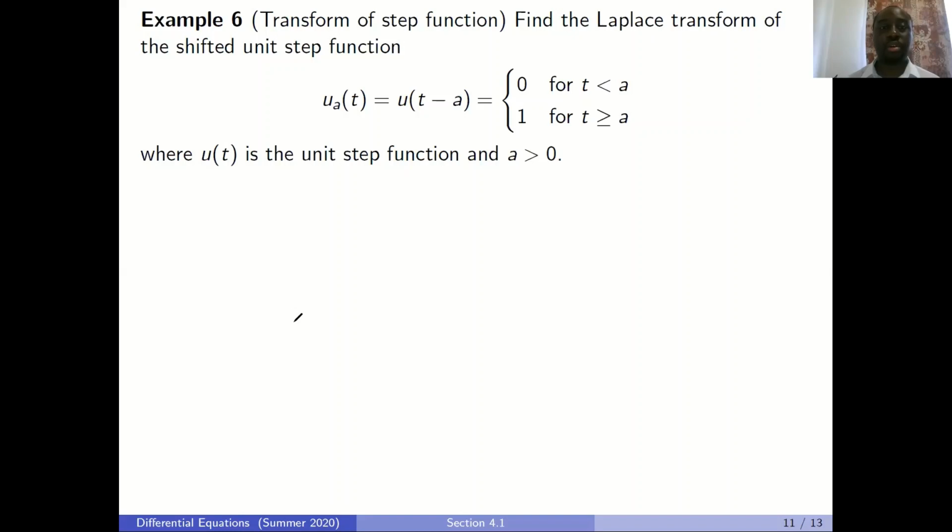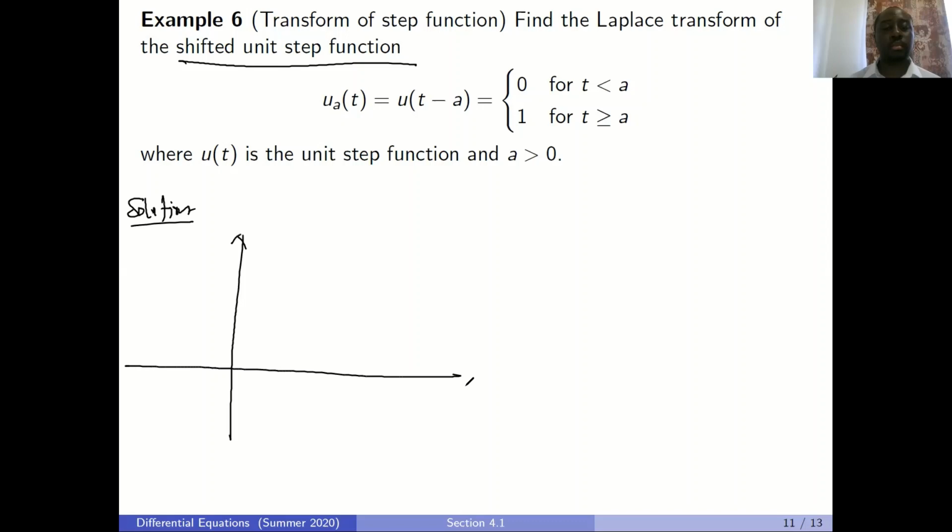This function is called the shifted unit step function. Okay, and here's how it looks. So this is the t-axis, and this is a.